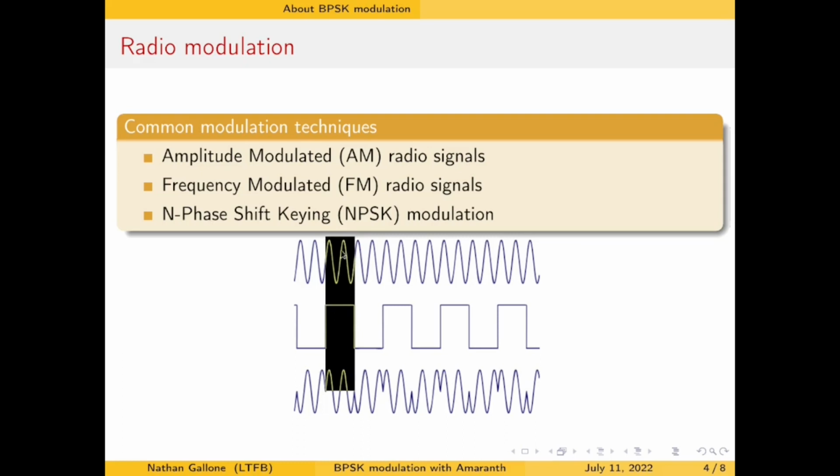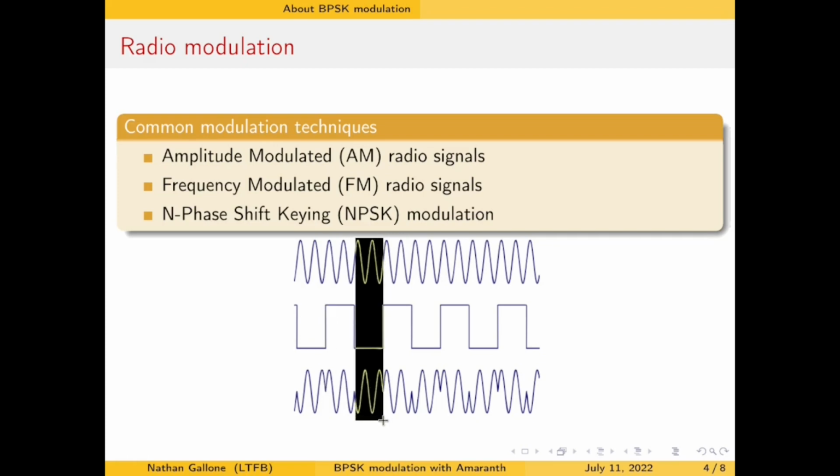This signal, the carrier signal, is the same as the modulated signal as long as the baseband signal is in this state, but when the state of the baseband signal is changing, then you see that you are reversing the phase of your signal with an angle of pi.